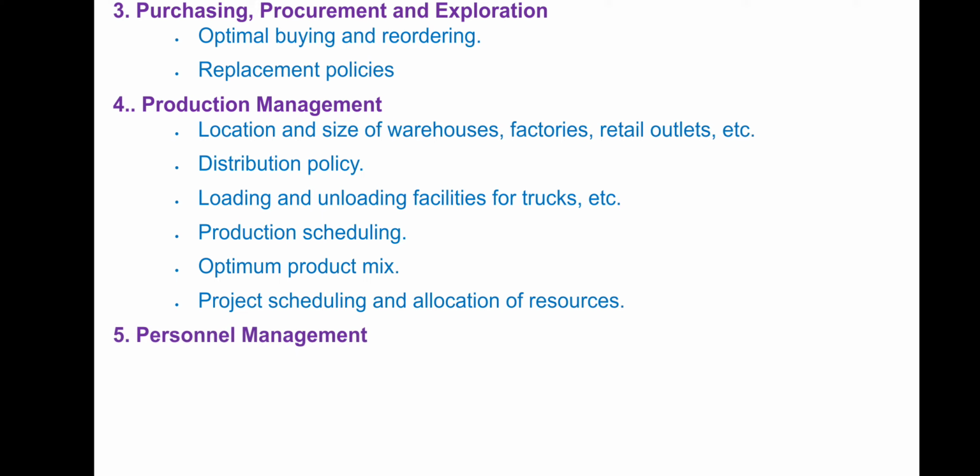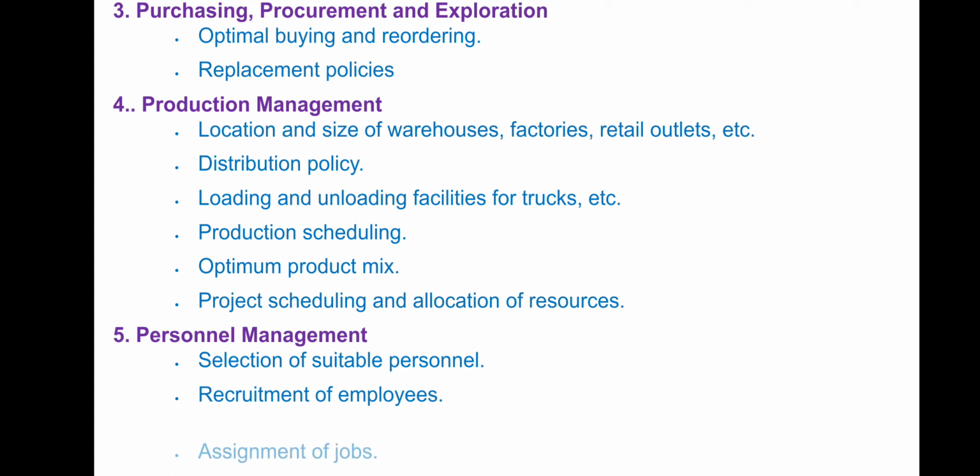Then personnel management, human being considerations: selection of suitable personnel, skilled or unskilled, recruitment of employees, assignment of jobs, skill balancing. Research and development: project selection, control of R&D projects, reliability and alternative design.